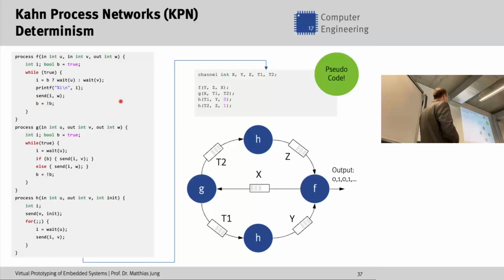Okay, so this is the Kahn process network of the original publication, and what's the goal of that? It actually makes not much sense, but it computes the string 01010101 until eternity. Yeah, that's the idea.